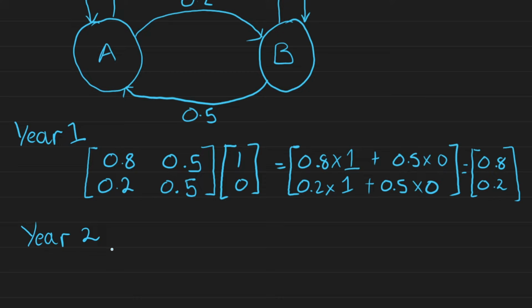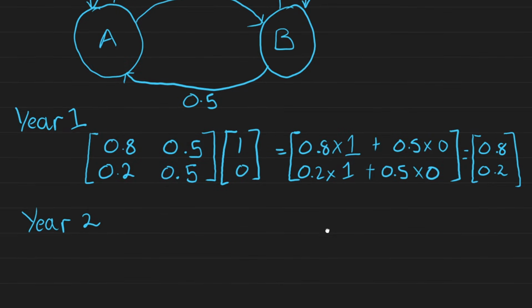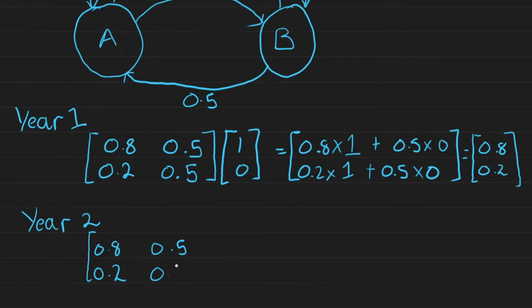We have this same matrix: 0.8, 0.5, 0.2, and 0.5. Now, at the start of year 2, we have 80% of people in region A and 20% of people in region B. So we bring that down: 0.8 and 0.2.